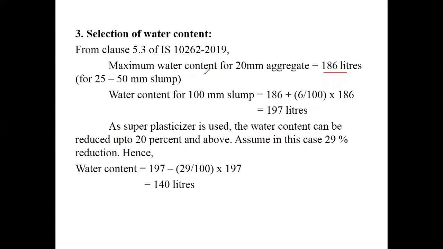Condition number 1 is that the aggregate size should be 20 mm, and condition number 2 is that the slump value should be between 25 to 50 mm. Only for the aggregate size of 20 mm and the slump value of 25 to 50 mm, they have generalized the maximum water content as 186 liters.